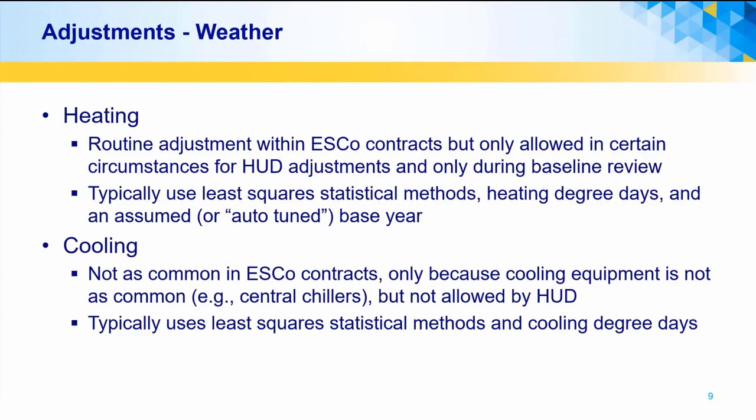Cooling can erode electric savings, particularly the addition of air conditioning to common areas or apartments that did not previously have air conditioning. An ESCO requires adjustments for weather because their guarantees are calculated using utility baselines that reflect a given set of weather conditions, and guarantees are applied each year. So each year's individual weather has an impact on savings.